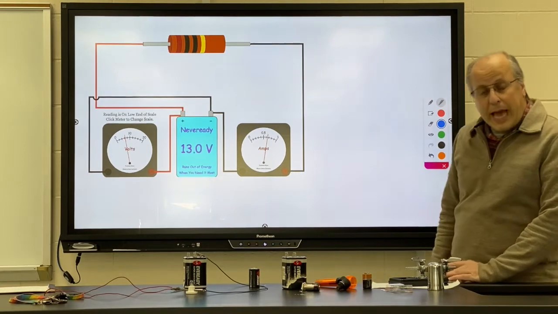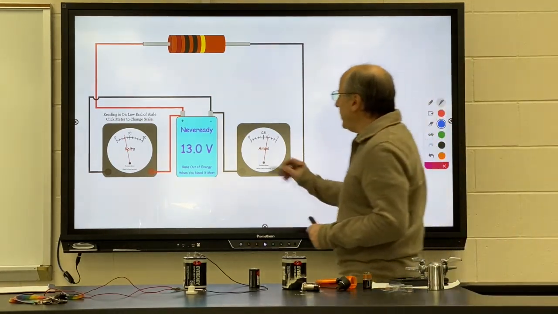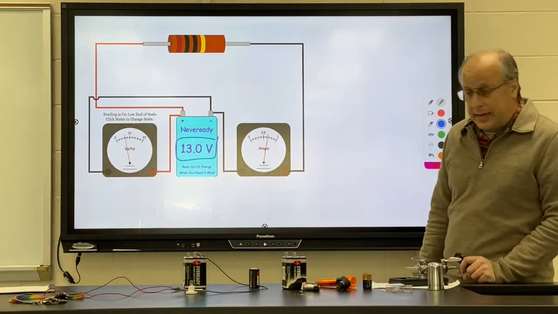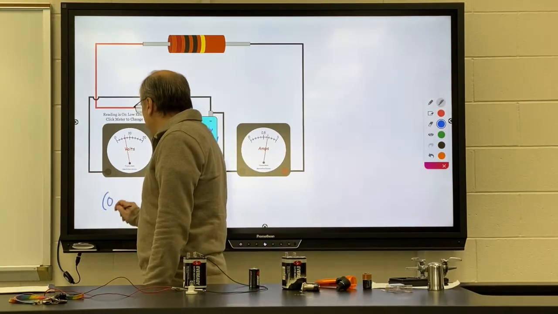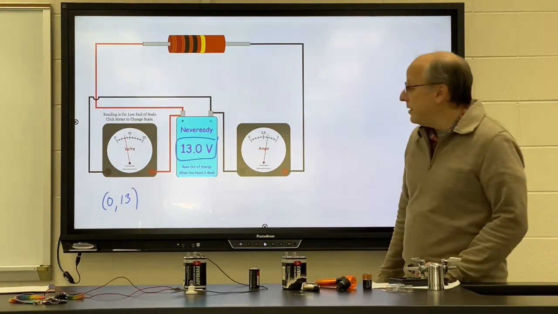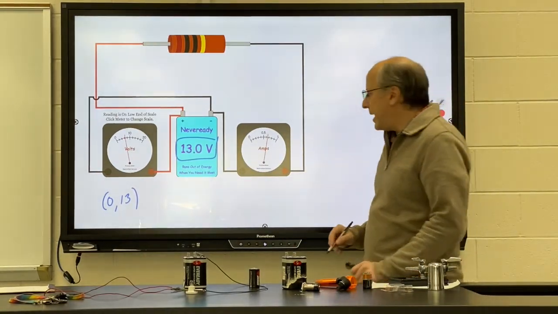More simple yet is to do it with just a single data point. We can only do this if the voltage of the battery is known ahead of time. So we have an ordered pair again. The first data point will be with 0 current. 0 current should give me the electrochemical potential of the battery.